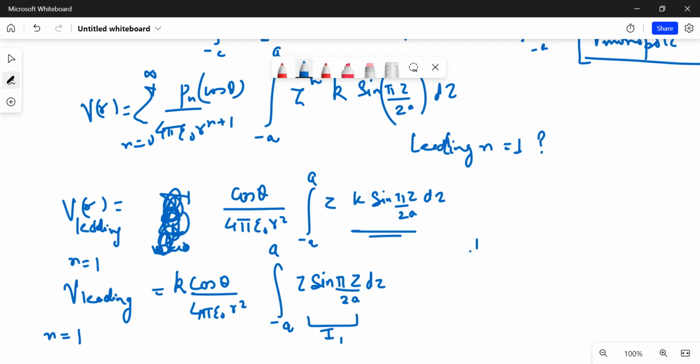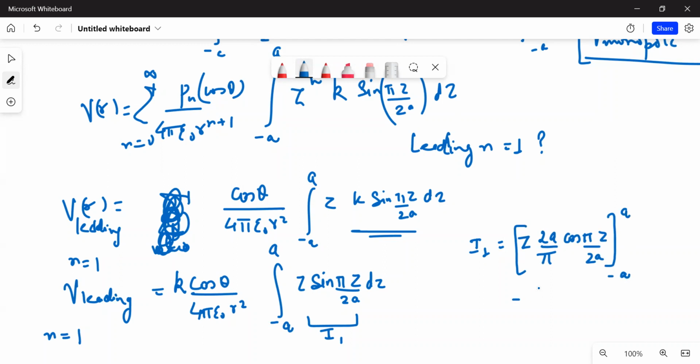So how to solve this I1? I1 would be by parts. I would integrate: z into 2a upon pi cos of pi z upon 2a from minus a to plus a. This would go to 0, I hope.